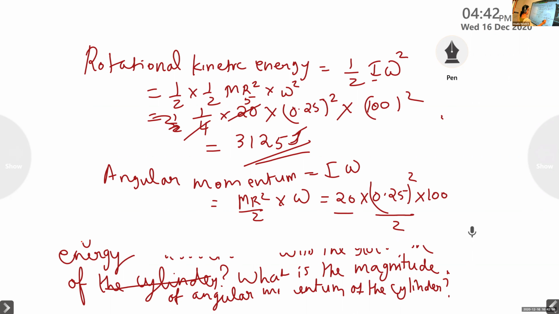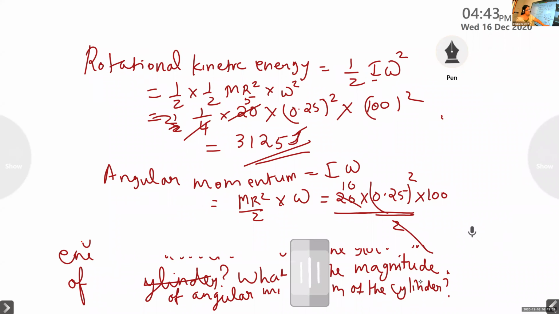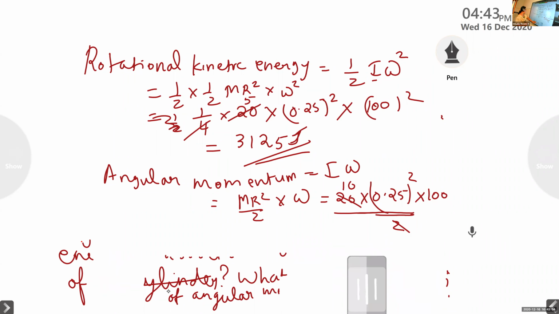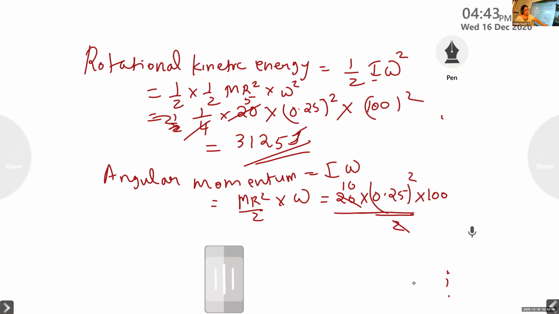You can cancel 2 and 20. You will get 10. And this is going to be a simple 625. Put the zeros, shift the decimal, and you will get the answer. 25 squared is 625. I hope everyone will get it.